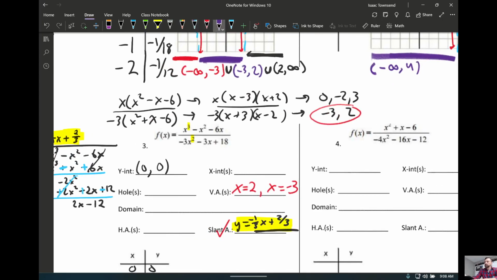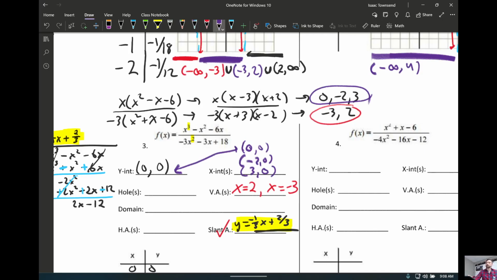Any number that makes just the numerator 0 is going to be an x-intercept. So 0, -2, and 3. And again, those are points, so please write them as points. Now this one I already kind of knew. Not only is the origin an x-intercept, but it's a y-intercept too. So it's good to see the consistency there.